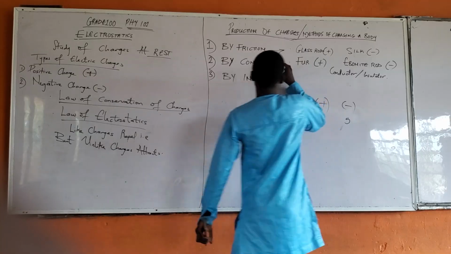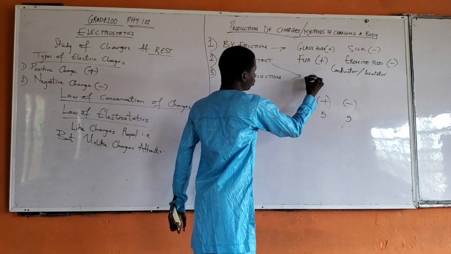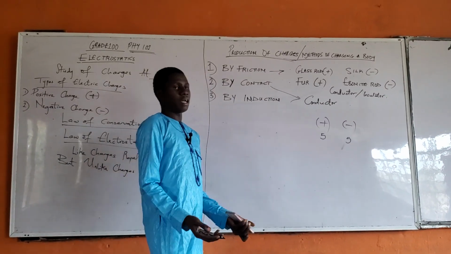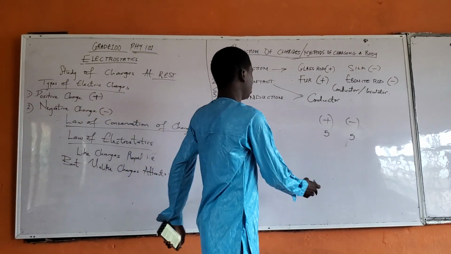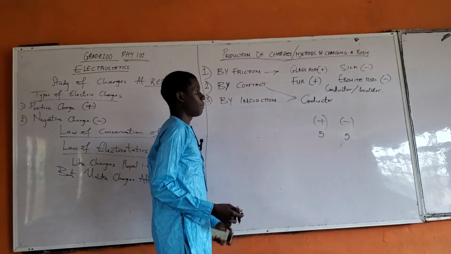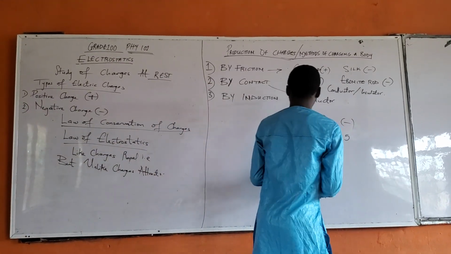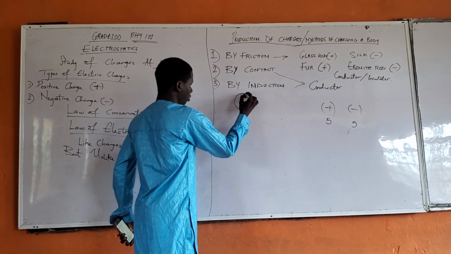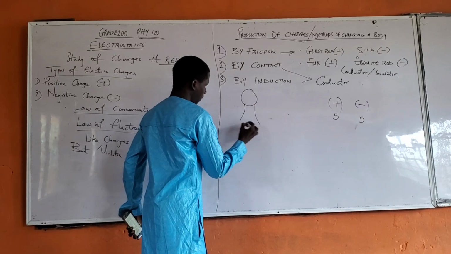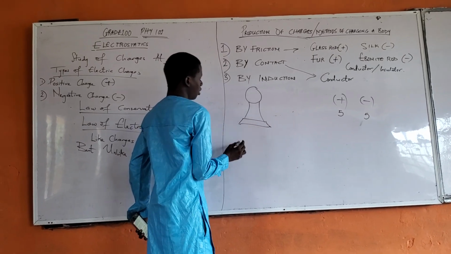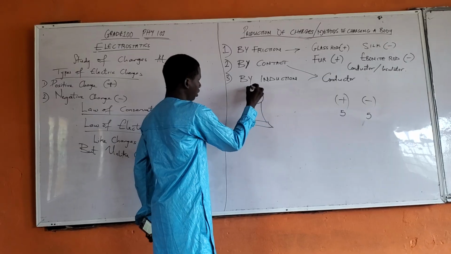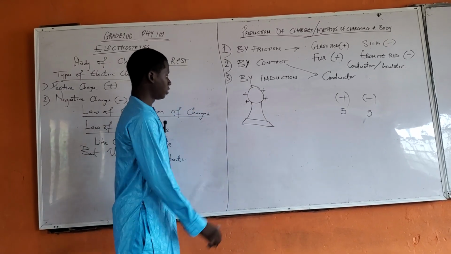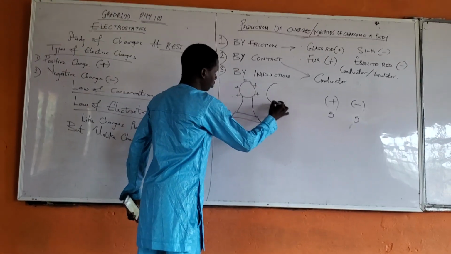But charging by contact is only used to make a conductor a charged body. So we can have a neutral conductor, and how do we make it a charged body? We can use contact. Under the concept of charging by contact, we have a charged body, let's say this charged body has positive charge, and you bring another body near it.